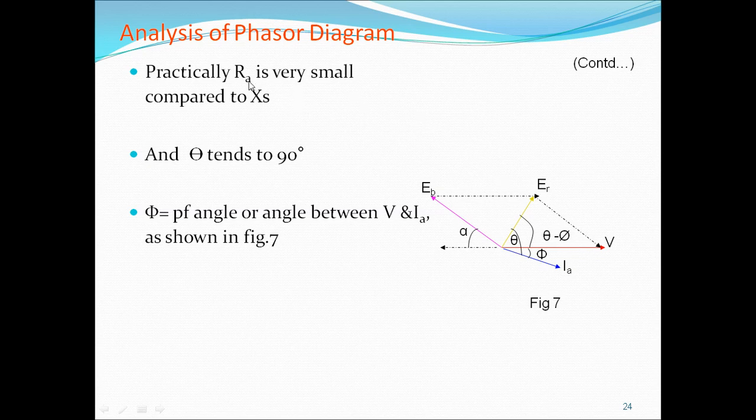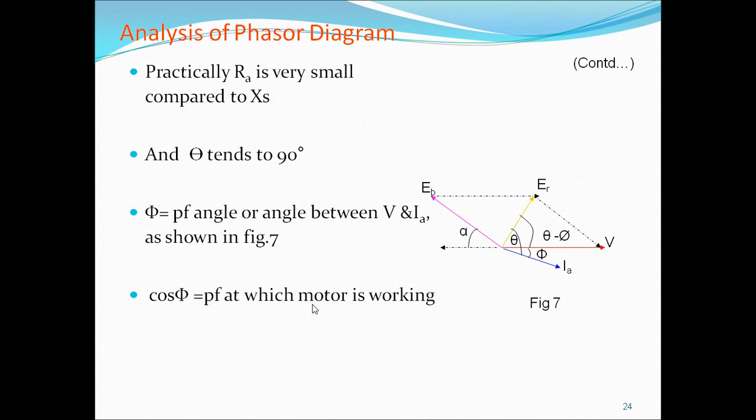But practically RA is very small as compared to ZS. So when we neglect RA, the angle is 90 degrees. This shows the angle between voltage and current, denoted with phi, which is called the phase angle between voltage and current, where cos phi is the power factor at which the motor is working.